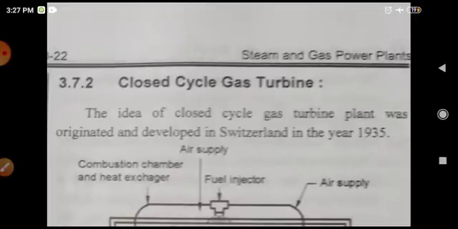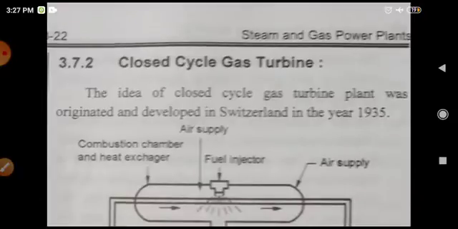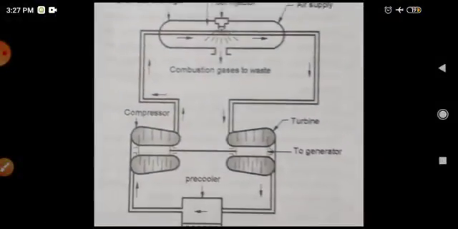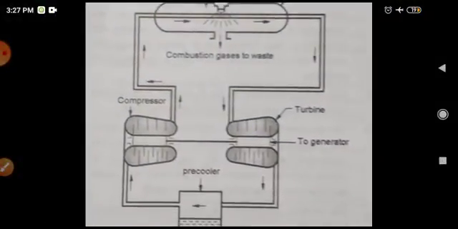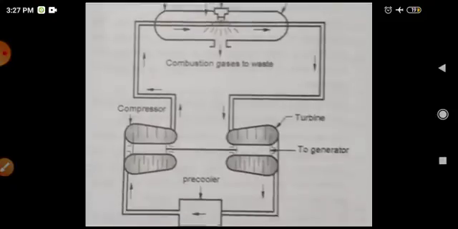Closed cycle gas turbine. The idea of the closed cycle gas turbine plant was originated and developed in Switzerland in the year 1935. See that properly, the whole figure. You will not see any air which is taken from the atmosphere.